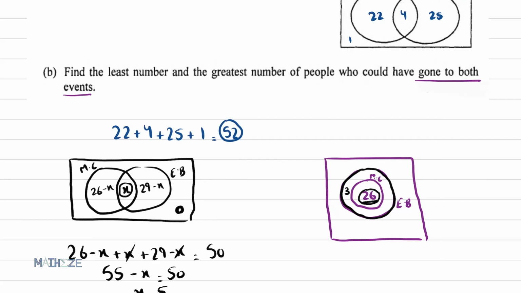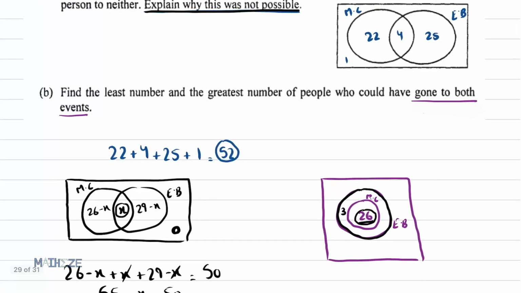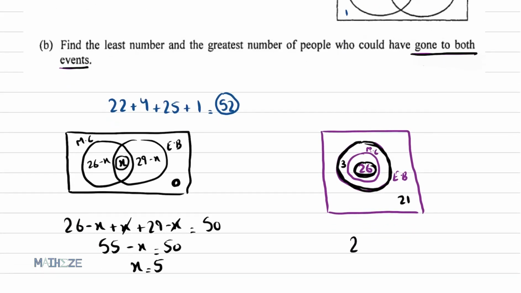Now, in the question, there were 50 people, out of which 29 are going on evening barbecue and 26 are going on morning cruise. How many are left? 50 minus 29 is what? 21. So now the question is asking you for greatest value who could have gone to both events. So my answer will be this value, that's what? 26.